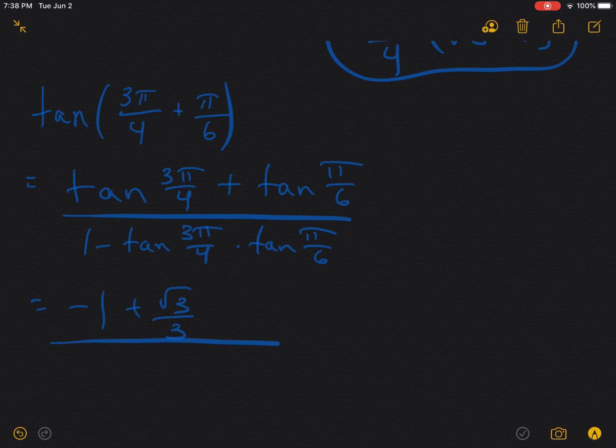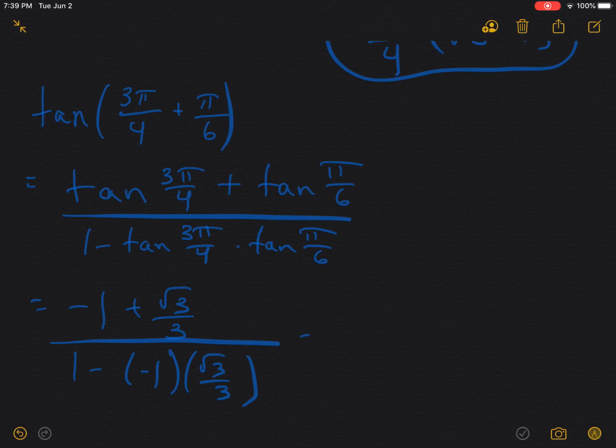I'm doing this in my head, so I'm hoping I'm right here. Now 1 minus, it's again tangent of 3 pi over 4 is negative 1. So I'm going to put that in parentheses since there's a double negative there. Okay, times tangent of pi over 6, which again we said is square root of 3 over 3.